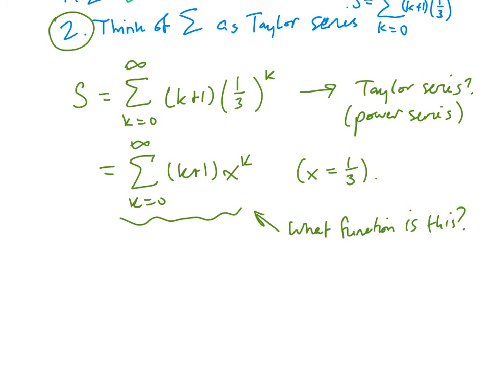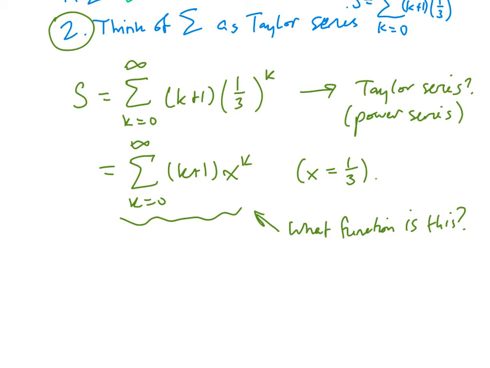Now I want you to look at this for a second. Look at k plus 1 times x to the k, and think about, is there anything special about that structurally that is just remarkable? Anything about that that looks special?